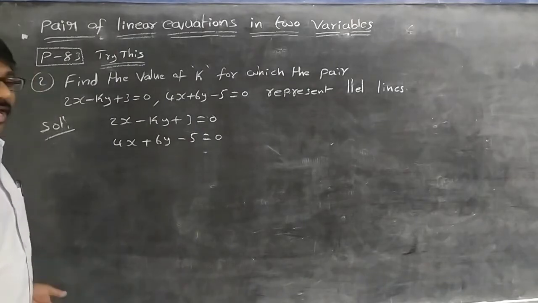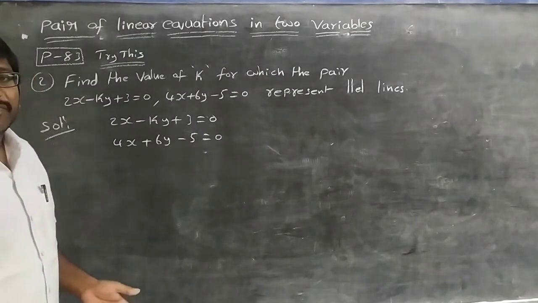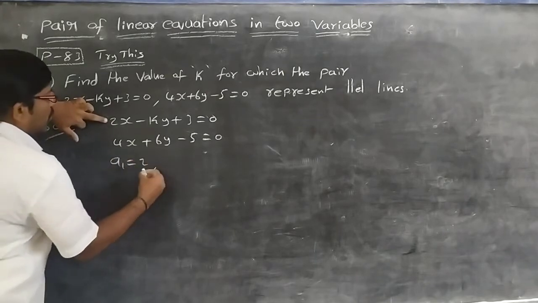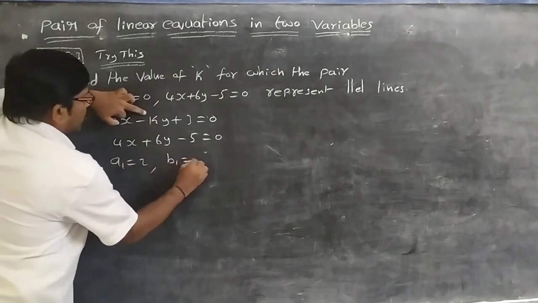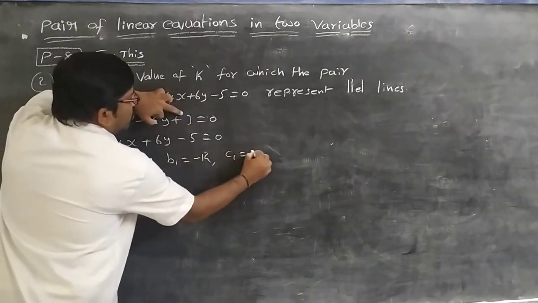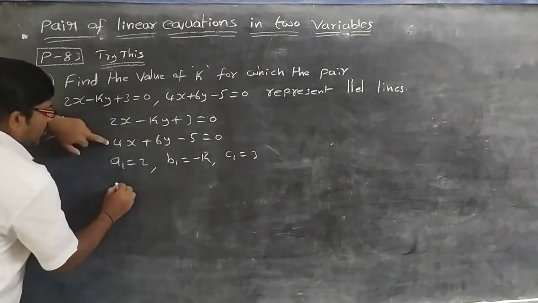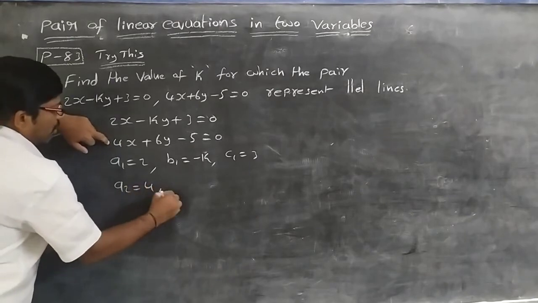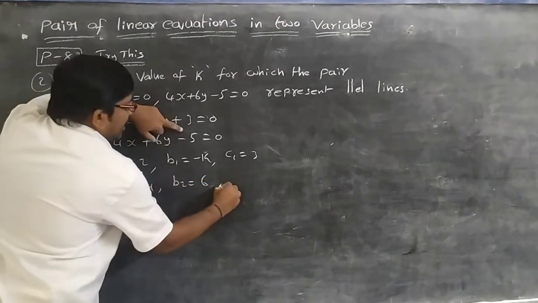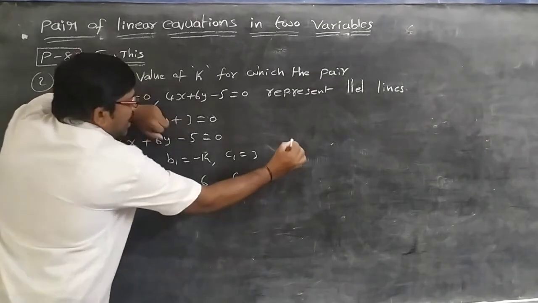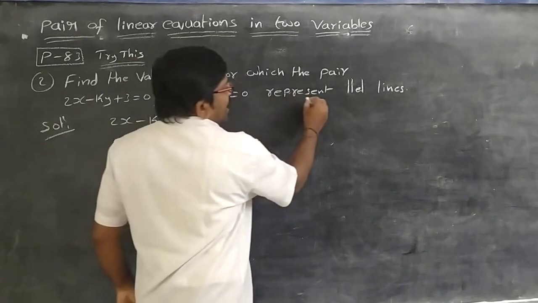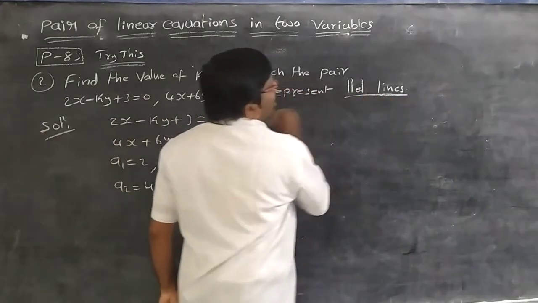Now write the a1, a2, b1, b2, c1, c2 values. a1 is equal to 2, b1 is equal to minus k and c1 is equal to 3, right? And a2 is equal to 4, b2 is equal to 6 and c2 is equal to minus 5, right? So here the two lines represent parallel lines.